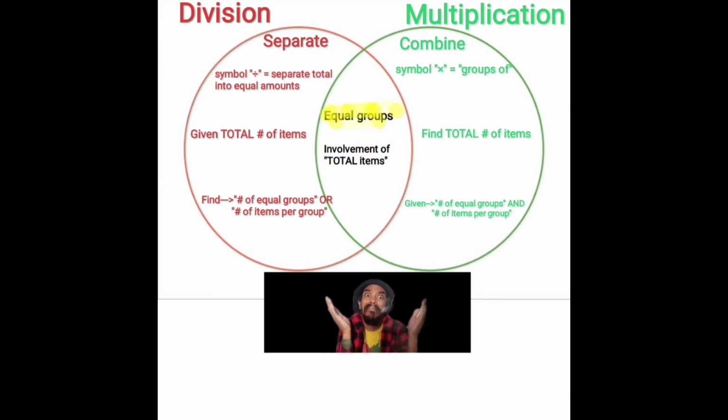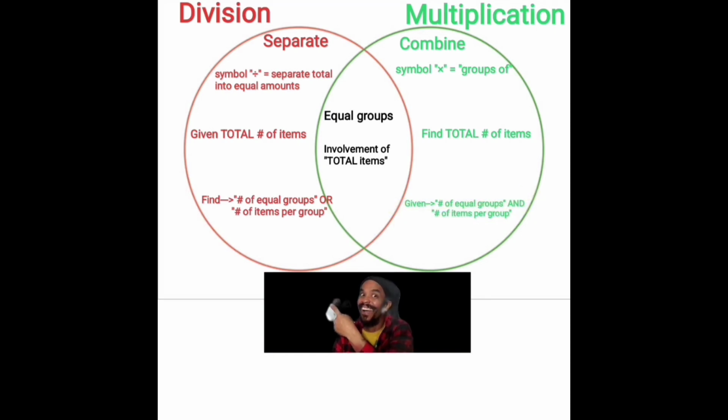Now, when we're talking about multiplication, it's all about combining groups. The actual multiplication symbol itself symbolizes groups of. In multiplication word problems, you're asked to find the total of items after you're given the number of equal groups and the number of items per group.